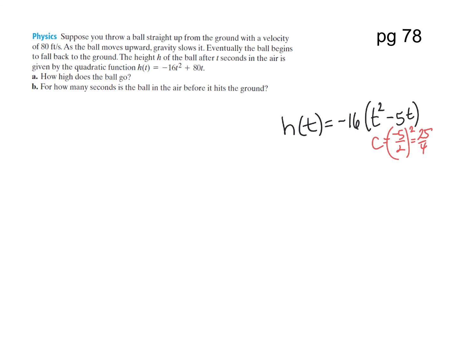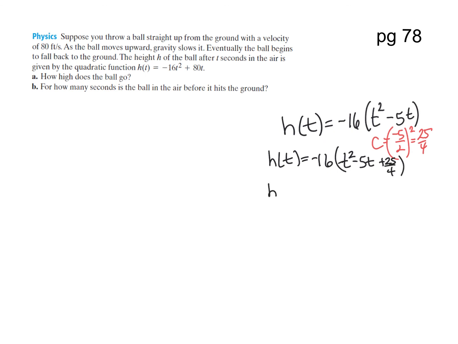So I'm going to add 25/4 inside the parentheses. t squared minus 5t plus 25/4, and I don't have a constant outside there.